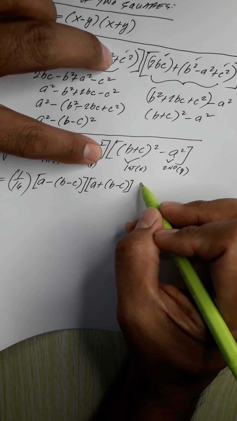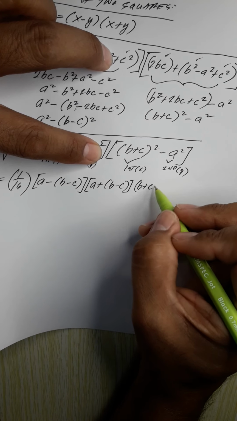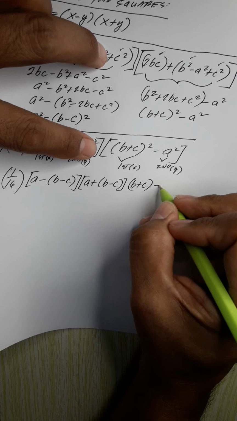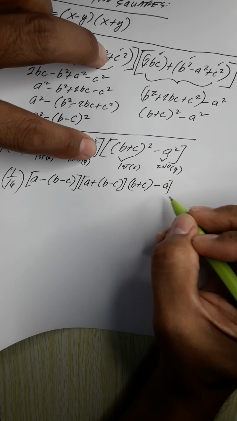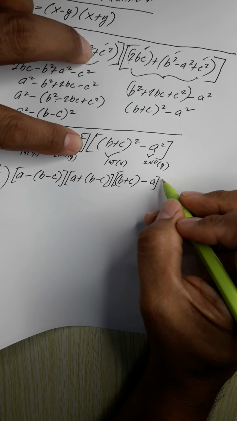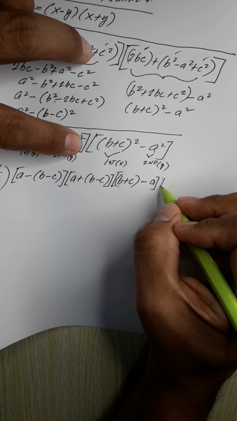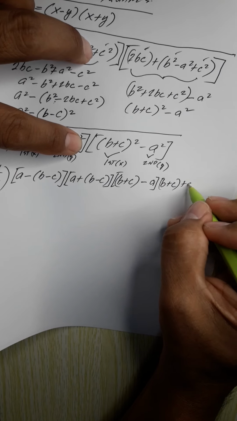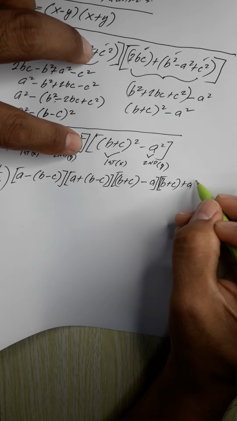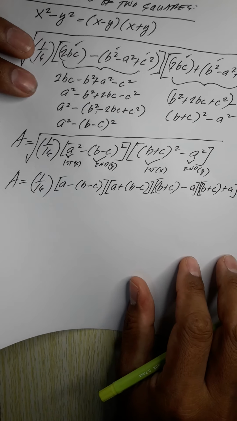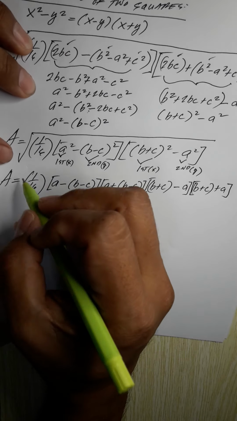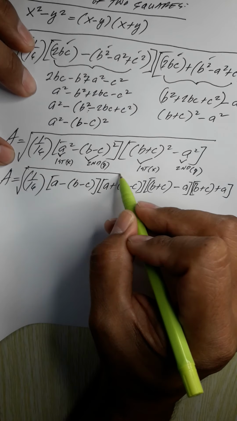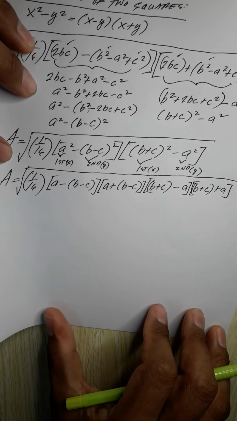So this is B plus C minus A, and then B plus C plus A. Okay, and then the radical sign, square root.